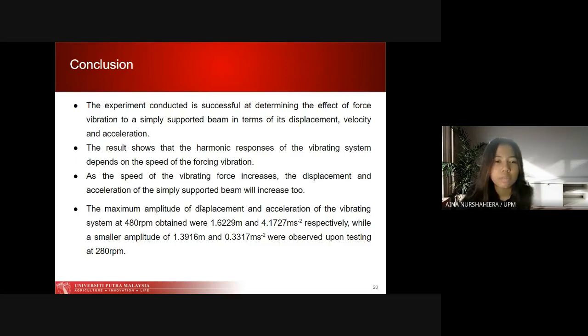From the analysis, the maximum amplitude of the displacement and acceleration of the vibrating system at 480 RPM was 1.6229 meter and 4.1727 meter per second squared, while the smallest amplitudes of 1.396 meter and 0.3317 meter per second squared were observed when testing at 280 RPM.